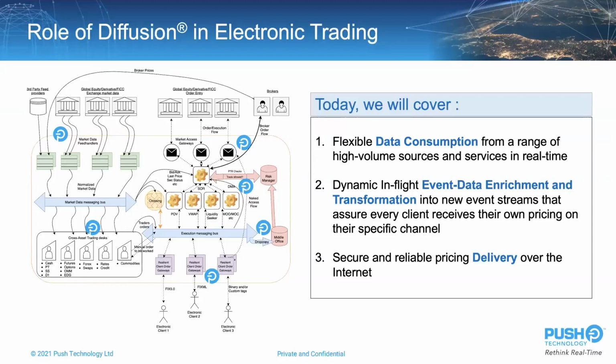We can create a new view of the data, which adds further value to our offering in terms of what services we offer to our clients. And then finally, we will also focus on the secure and reliable delivery of data over the internet. So how can we send high volumes of data over public networks like the internet?